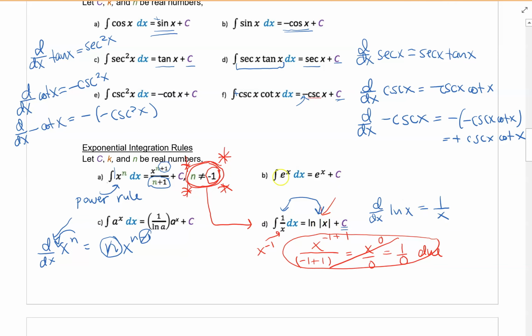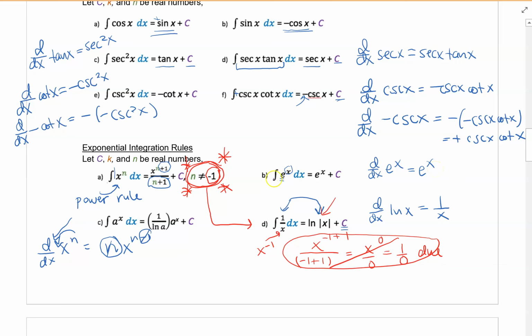Okay, and then when your base is a constant and your variable is the exponent, we have to remember those are exponential functions and had different derivative rules. So they also have different integration rules as well. So this is my favorite function here because when you take the derivative of e to the x, it just equals itself. So it's also its own antiderivative.